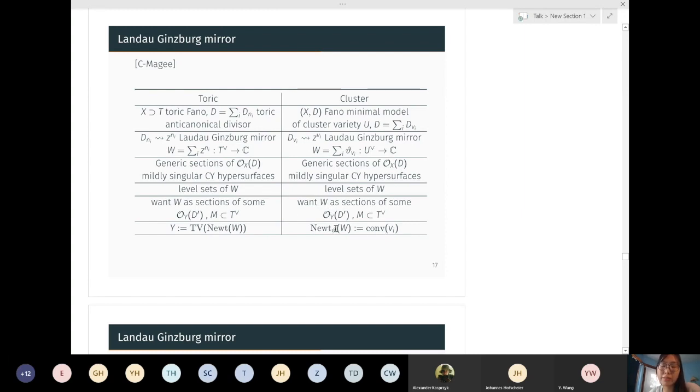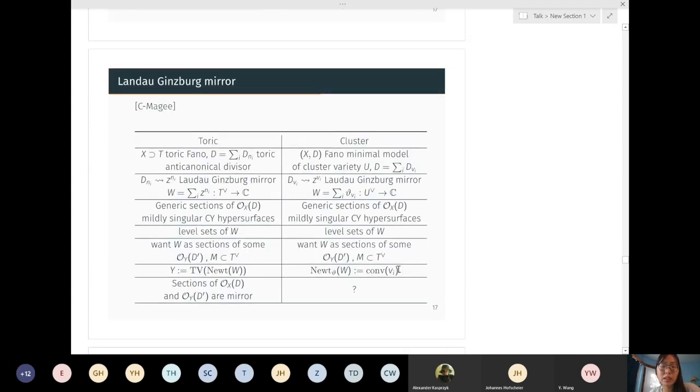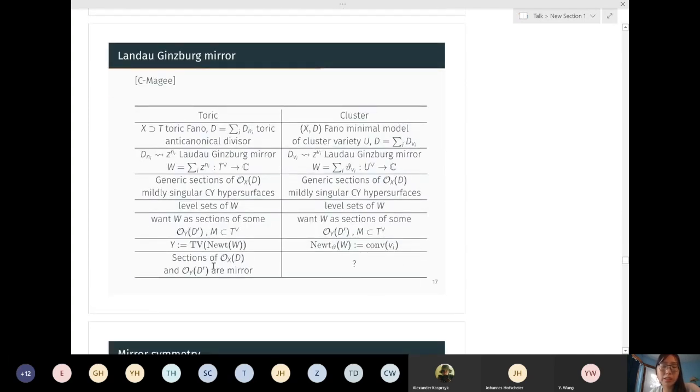Here it will be the convex hull of those v_i, but with respect to the Bossinger convexity condition. And then historically, here we have the sections of the mirror, and we are hoping we have the same thing here in the cluster world. So this is what we are approaching.